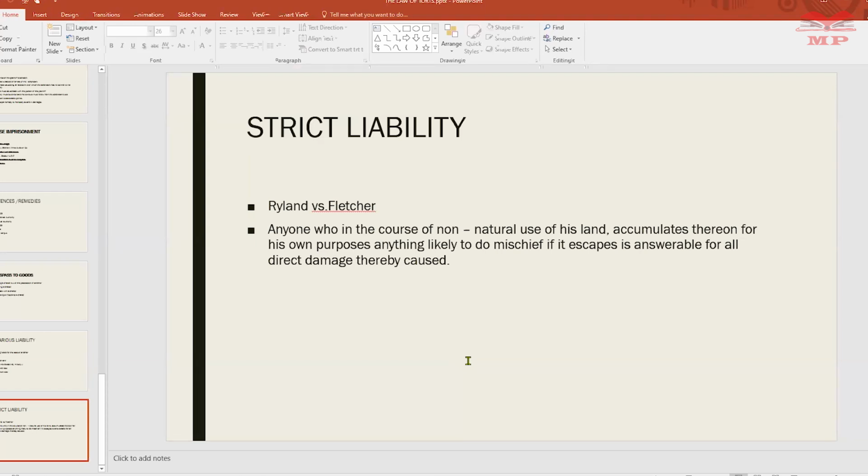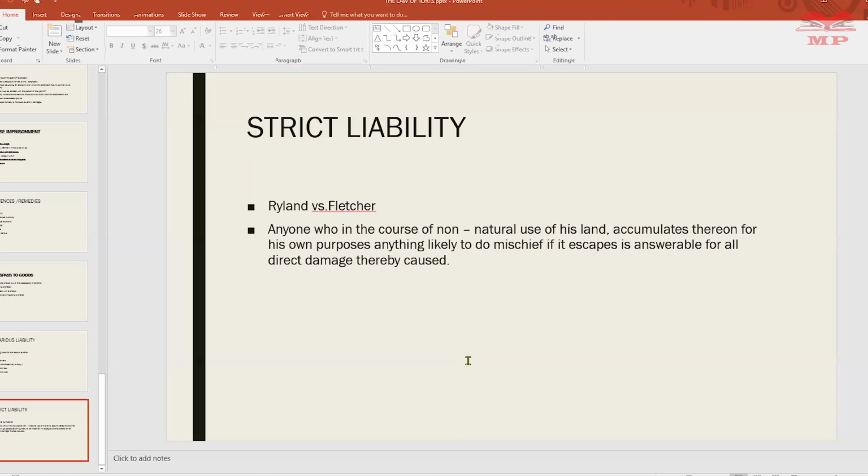Water from the reservoir filtered through to the disused mine shafts and then spread to a working mine owned by the claimant, causing extensive damage. So what was held? The defendants were strictly liable for the damage caused by an unnatural use of land. It didn't matter that there was no fault on their part, and it didn't matter that they didn't know.